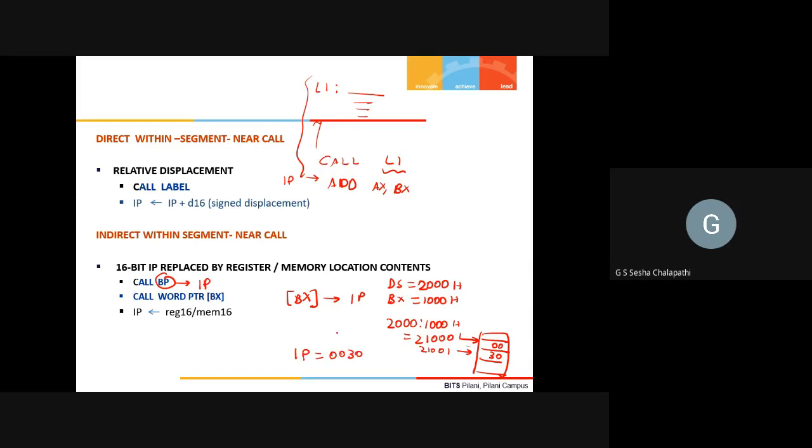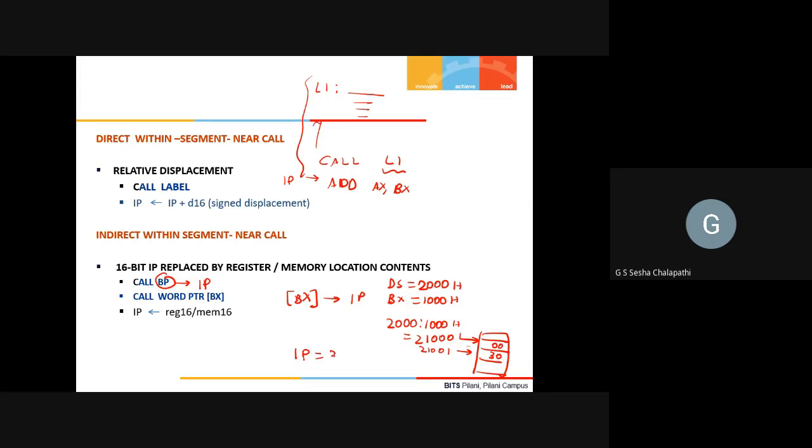Am I correct? No, it will be 3000. Why? Because of the Little Endian thumb rule: the lower address will always have the lower byte. In this case, 21000H has 00, therefore it is the lower byte. 21001H is a higher address and therefore it will have the higher byte.